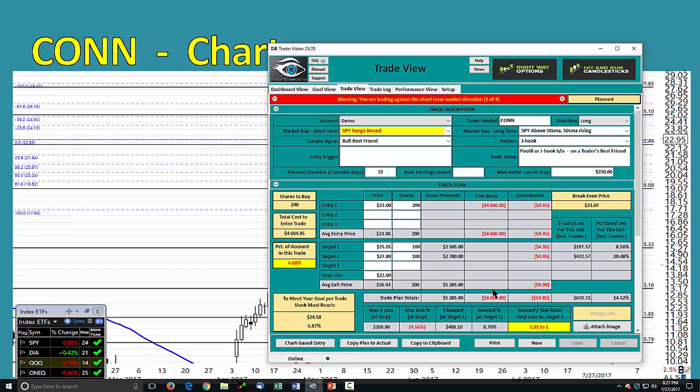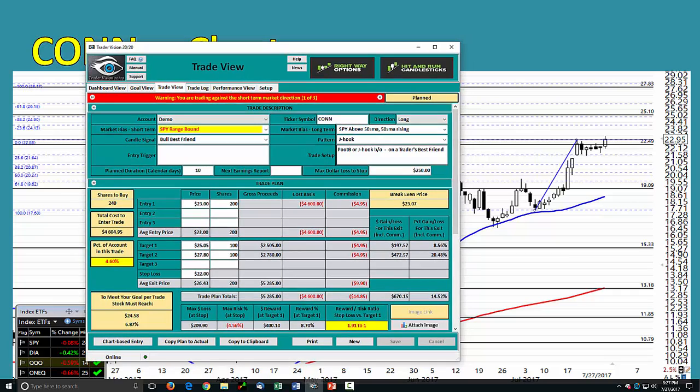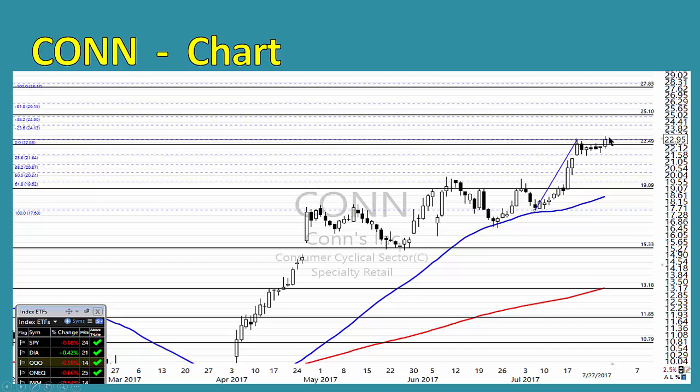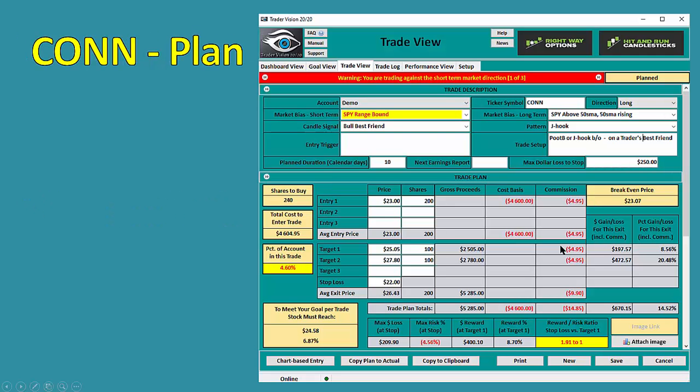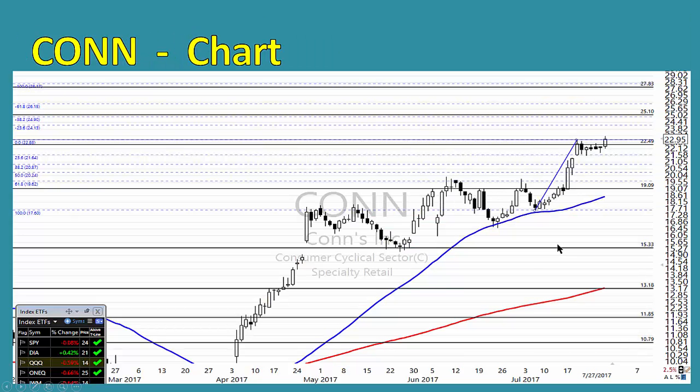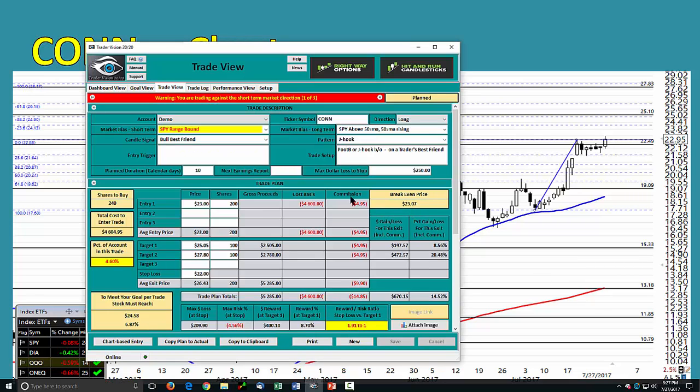Now in this case, with a $23 entry, which is just above this breakout, I just arbitrarily picked a number, a nickel higher than where we were.